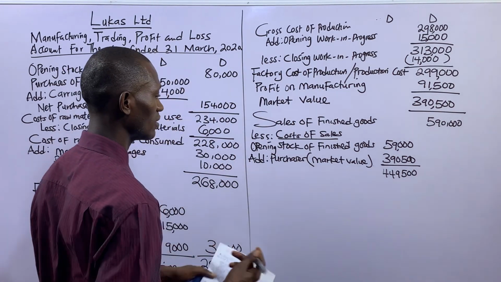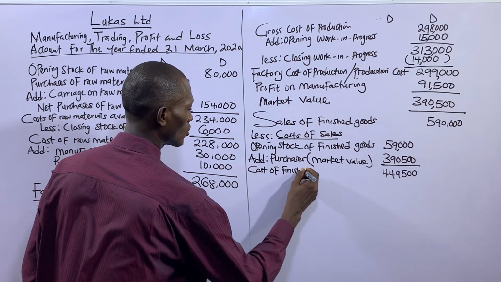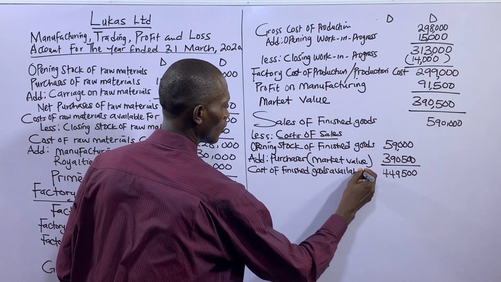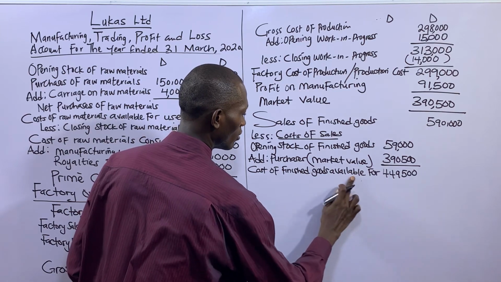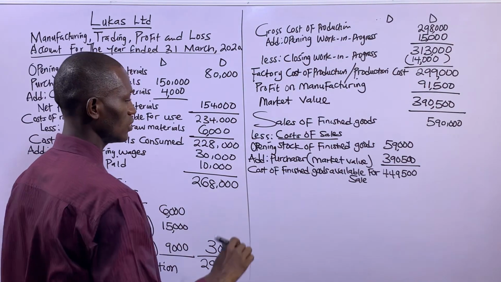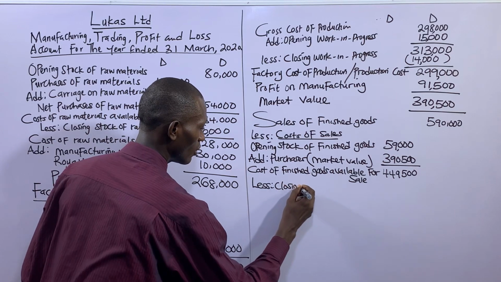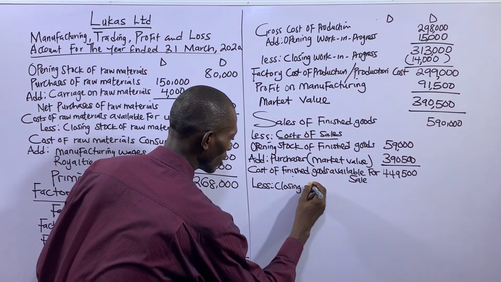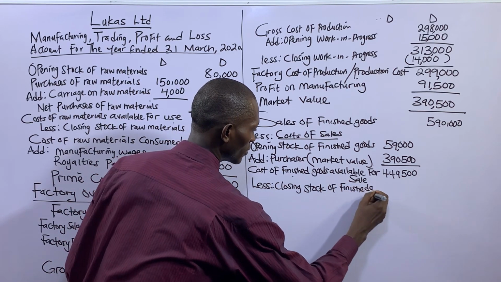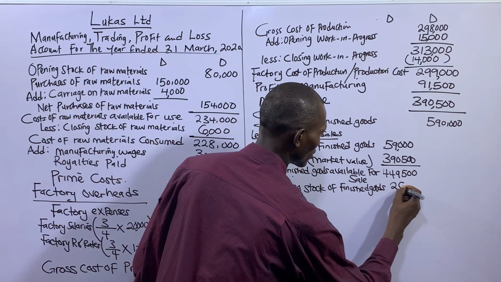We call this cost of finished goods available for sale. Finished goods are for sale, raw materials are for use. Then we less closing stock. Another word for stock is inventory. So closing stock of finished goods is in the additional information. That's 26,000.